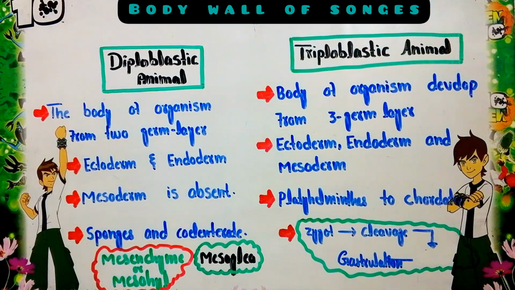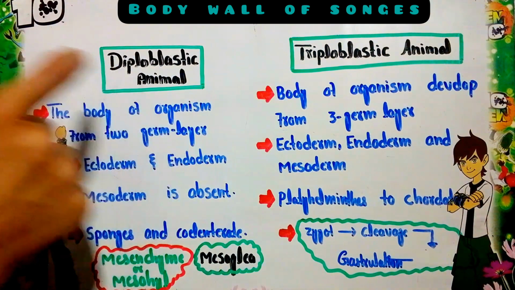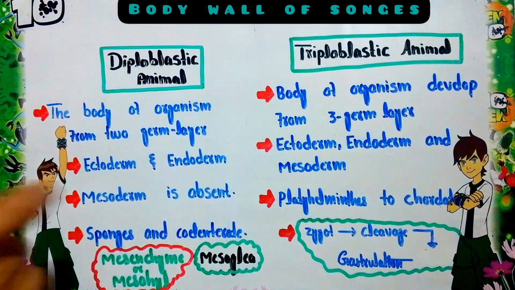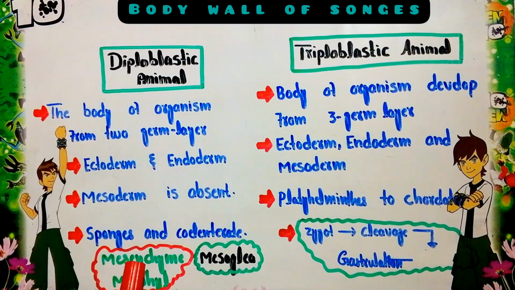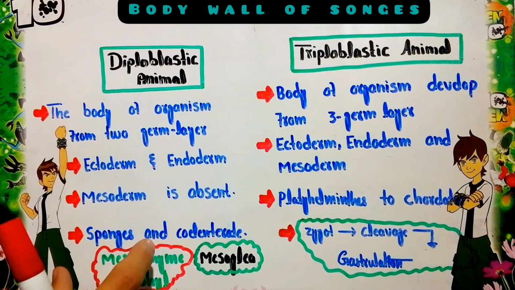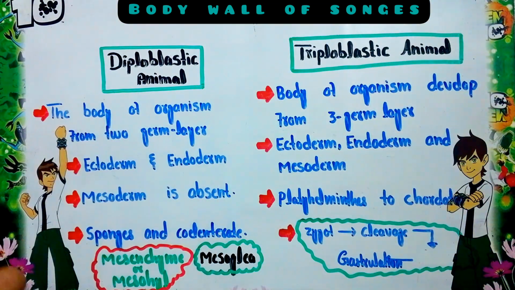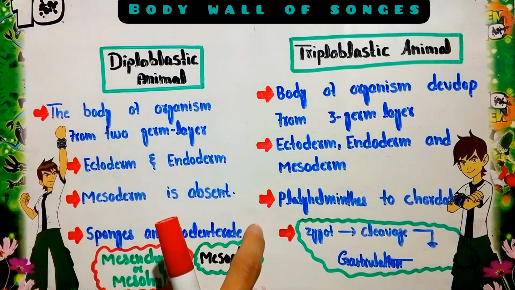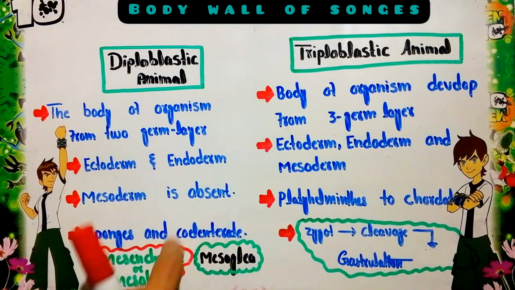Now you can see here a non-cellular gelatinous layer found between the ectoderm and endoderm in these organisms. This gelatinous matrix, a non-cellular layer between the ectoderm and endoderm, is called mesenchyme, or you can say the mesohyl, in Porifera or sponges. In cnidarians, the gelatinous matrix found between the ectoderm and endoderm is called mesoglea.